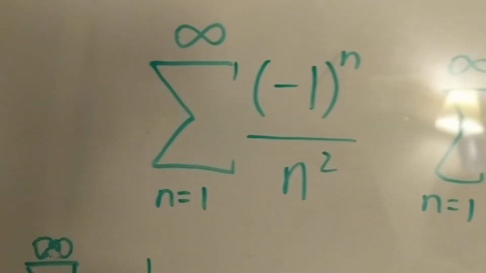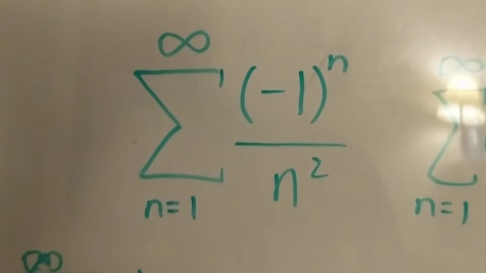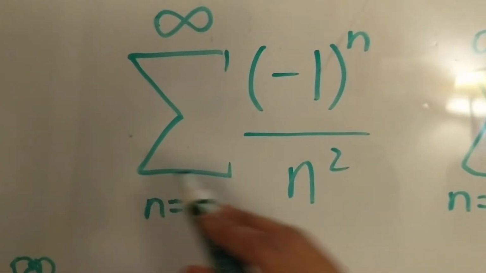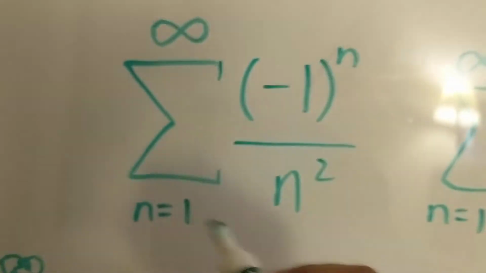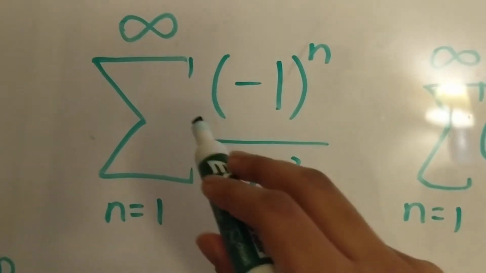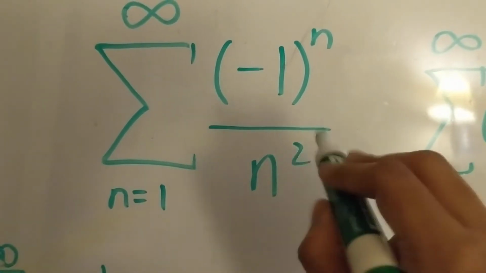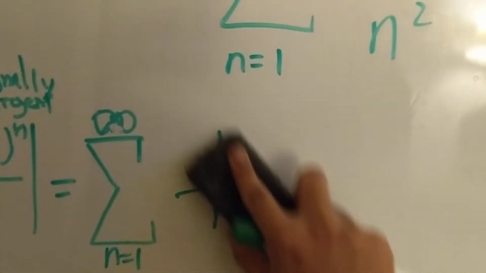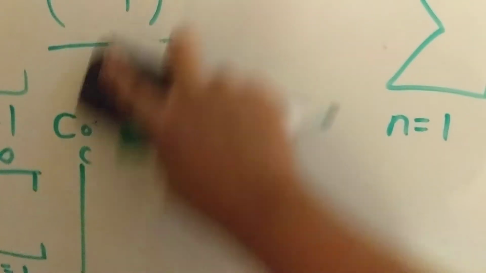Now we're going to move on to this series, which looks pretty similar but has a slight difference. That difference being that it is the sum from n equals 1 to infinity of (-1)^n divided by n squared. That's the difference that I was pointing out. We'll clear some of this up. We'll know that the previous one is conditionally convergent.